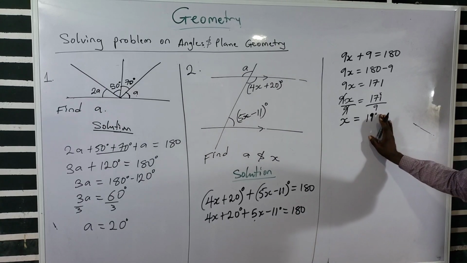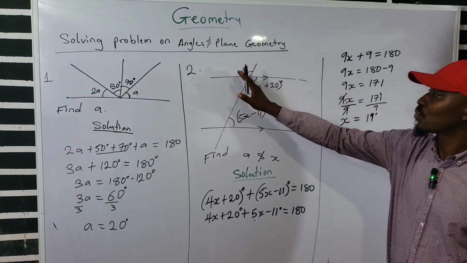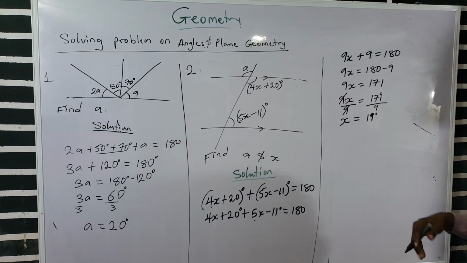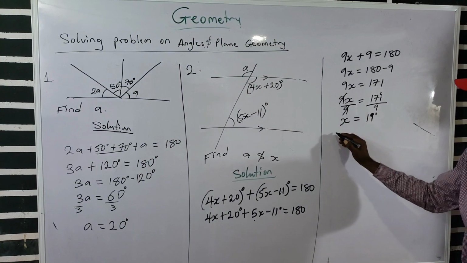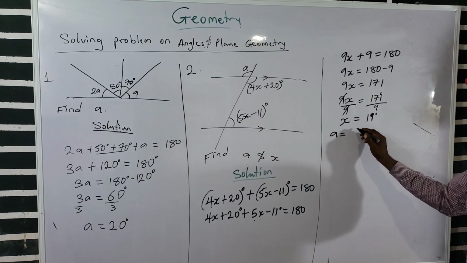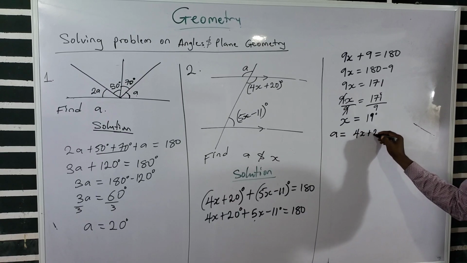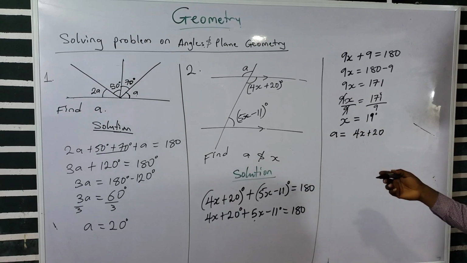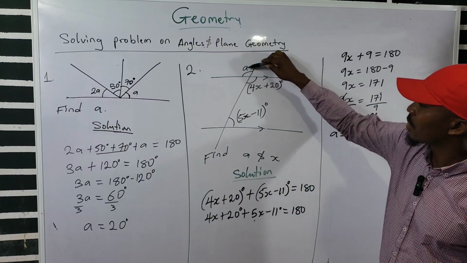So now that we have gotten our x, let us now move towards getting our a. So how can we get our a? We say that a equals 4x plus 20. What is the reason? Because they are vertically opposite.